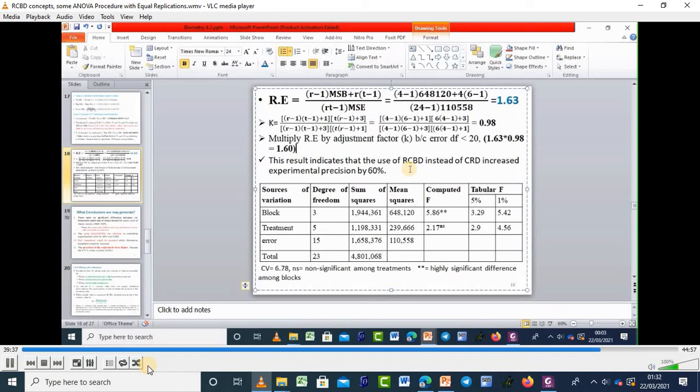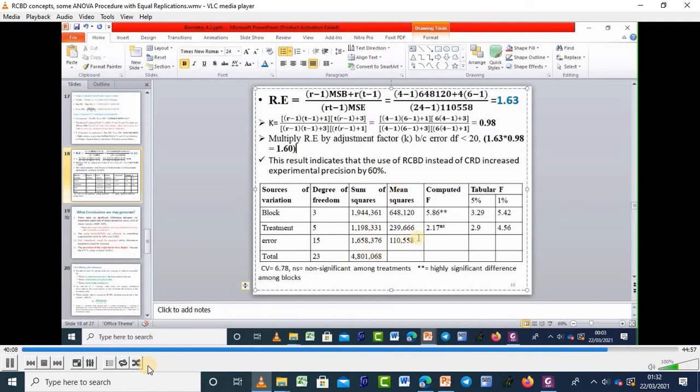So it tells the extent to which RCBD was efficient in reducing the experimental error and increasing the precision by this much percent over CRD. And when we input all the values calculated above, here are the data that we have generated or estimated, and here are also degrees of freedom and mean square values.